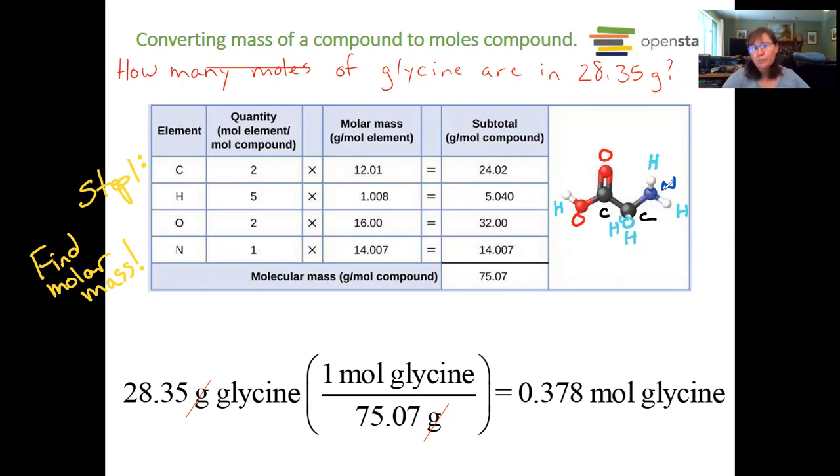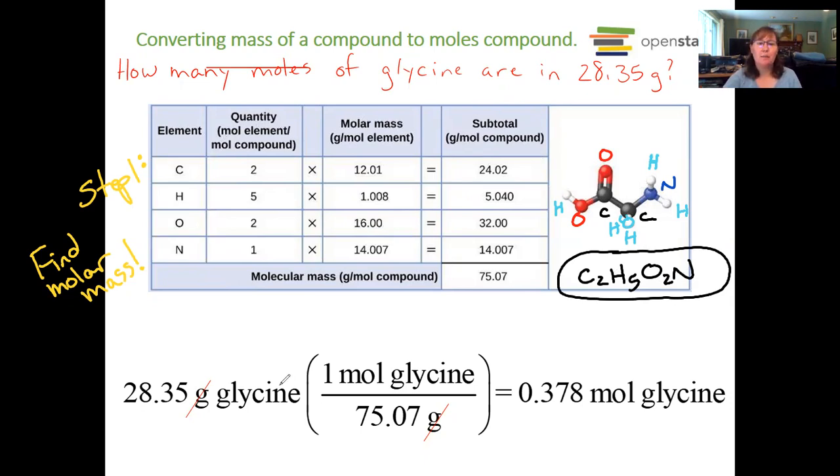Okay. But usually you won't be working off of a picture like this. You'll be working off of a compound, and that compound might tell you that glycine is C2H5O2N. Okay. And that is more commonly how you'll be finding your molar mass.